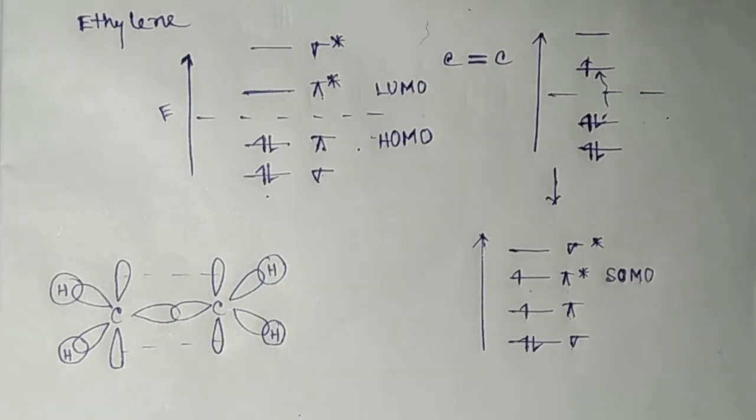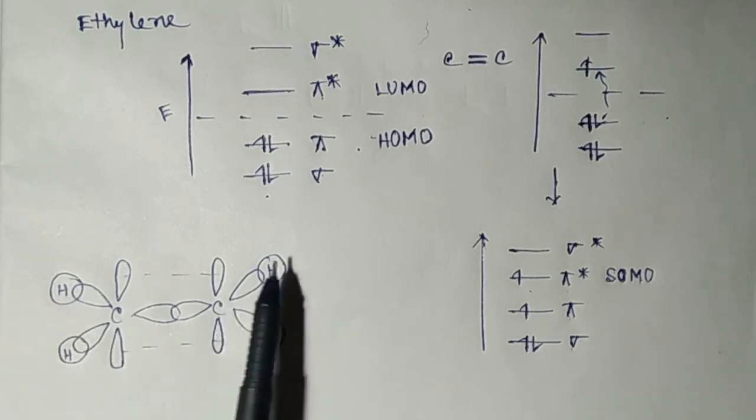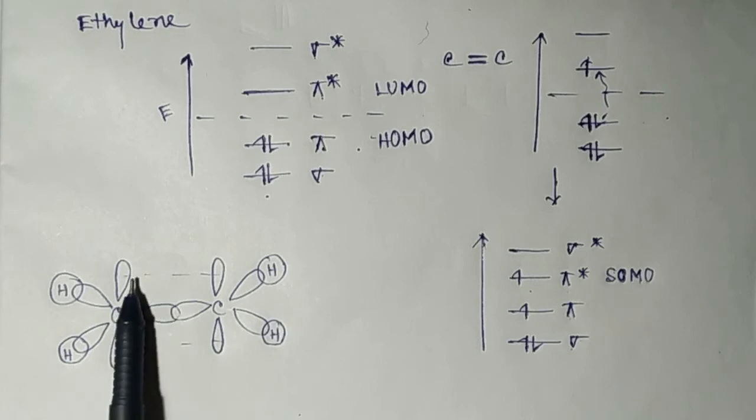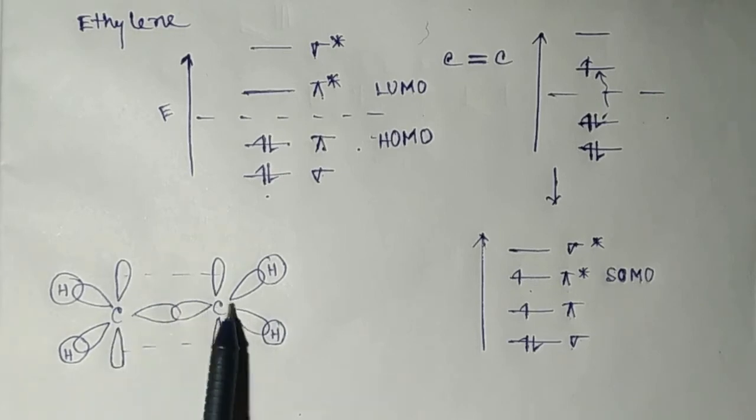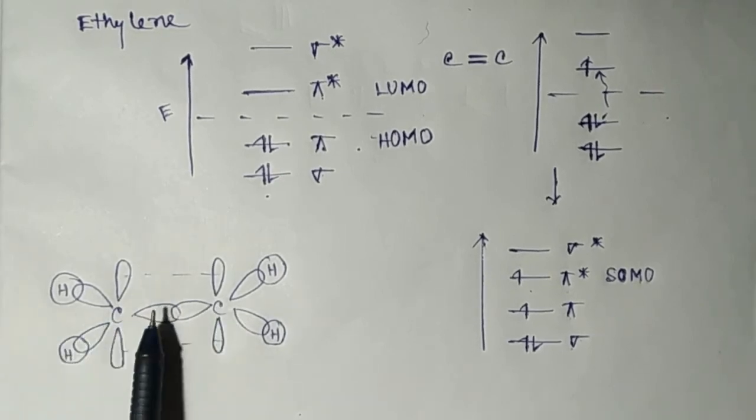In my earlier video I taught how to draw the orbital picture of different organic molecules, and ethylene was included there too. This is the orbital picture of ethylene: these are the four carbon-hydrogen sigma bonds, this is the carbon-carbon pi bond, and along this axis there is the carbon-carbon sigma bond.